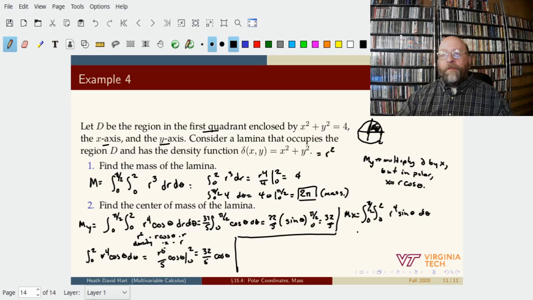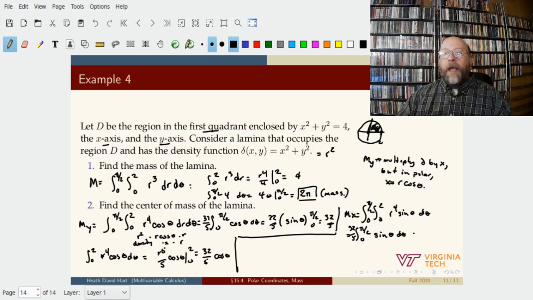Since I am short on space, I hope you will forgive me for skipping over the first step and saying this is 0 to pi over 2 of 32 over 5 times sine theta d theta. That is, the cosine didn't change here until we did the second integral.